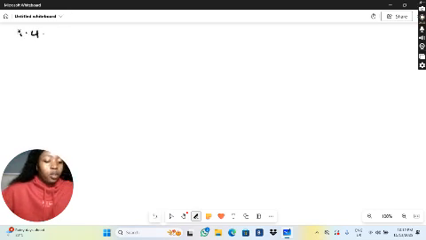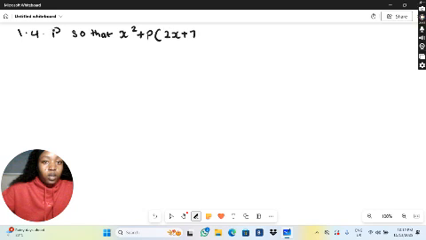So the question in 1.4 is saying calculate the numerical values of p so that x squared plus p into 2x plus 7 plus 8 is a perfect square.